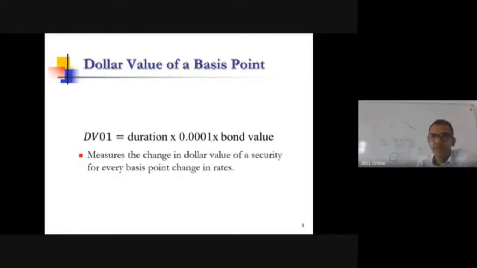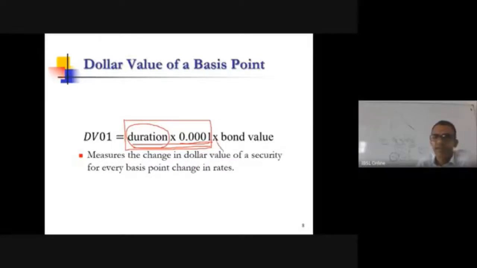So if we know the duration, that is the percentage change in price for 100 basis points. Then if we multiply it by this 0.0001, that means 1 basis point, both these terms together, you get the percentage change for a change of 1 basis point.